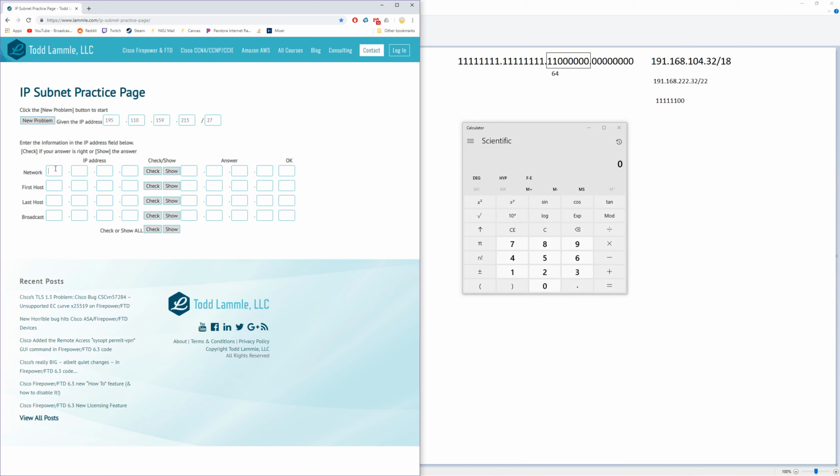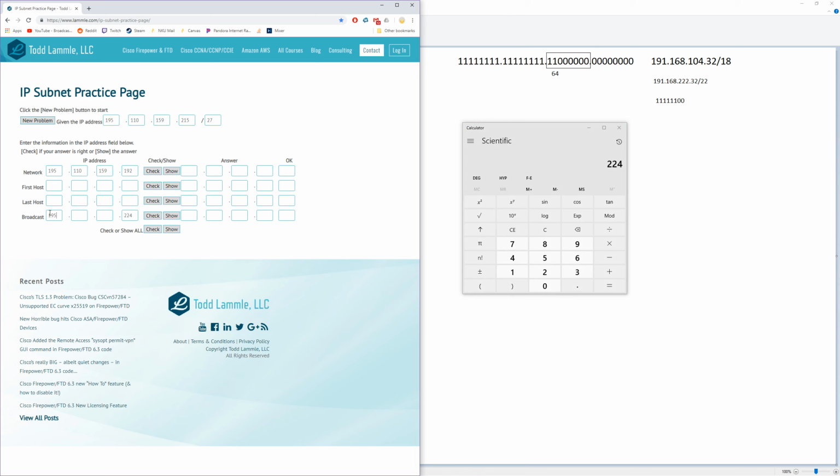So new problem, I know 195, 110, 159. This is our octet of interest. This is going to be a magic number of 32. So I take 215 divided by 32. I got 6 and 7. 6 times 32 is 192, and 7 times 32 is 224.